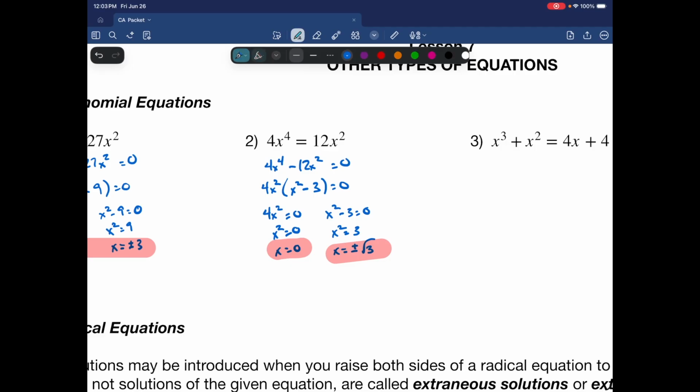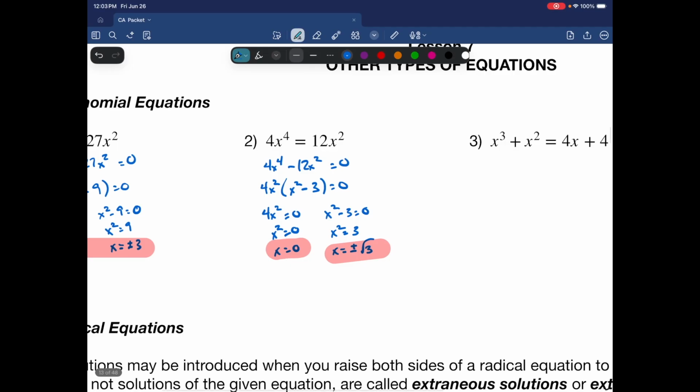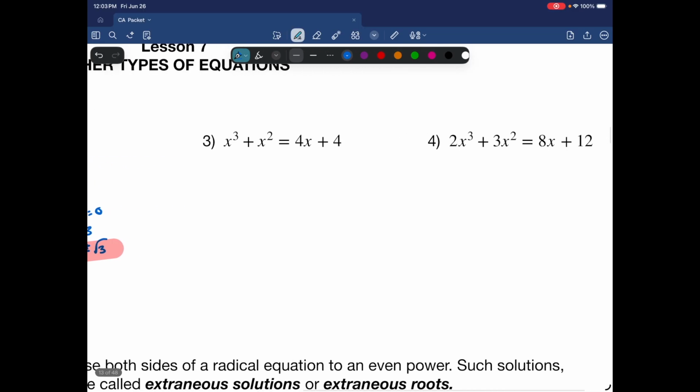When we get to 3 and 4, we have 4 terms that we need to get all on the same side. So we got x cubed plus x squared minus 4x minus 4 equals 0. Because we got 4 terms, we're going to factor by grouping. We pull out an x squared, which leaves us with x plus 1. We pull out a negative 4, which gives us x plus 1.